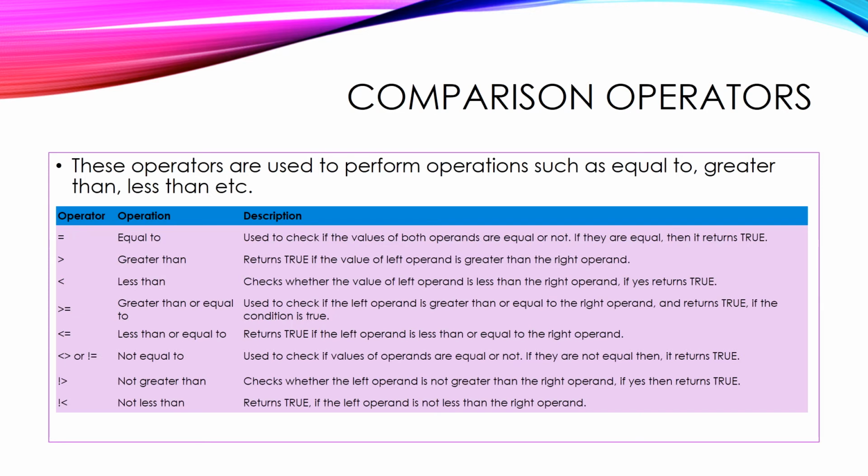Not equal to is used to check whether the values of operands are equal or not. If they are not equal, then it returns true. Not greater than checks whether the left operand is not greater than the right operand. If yes, it returns true. Not less than returns true if the left operand is not less than the right operand.